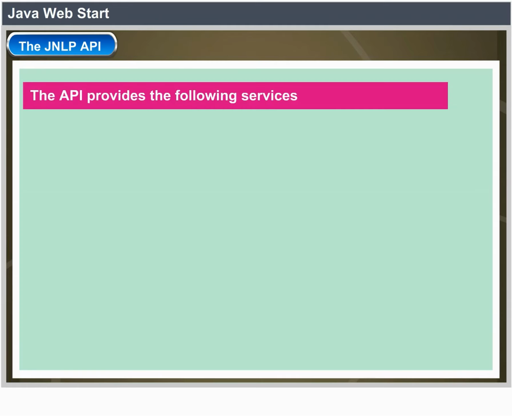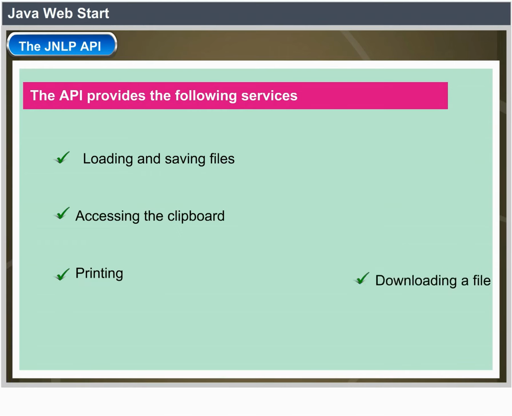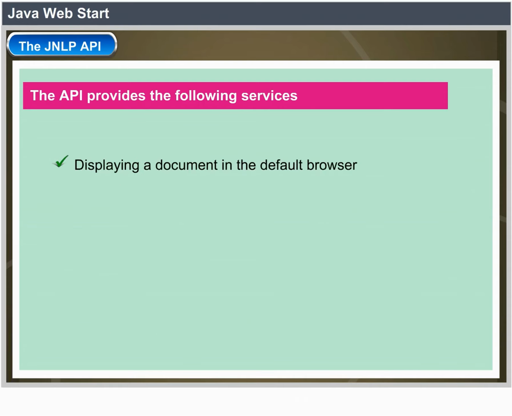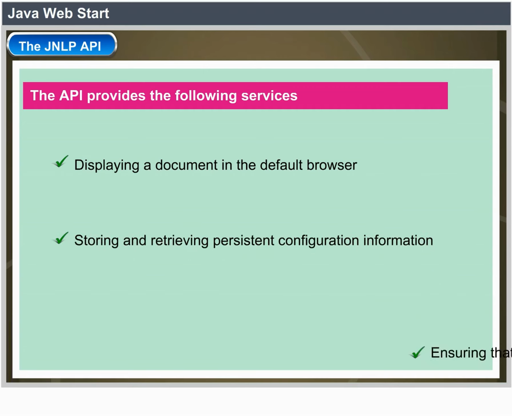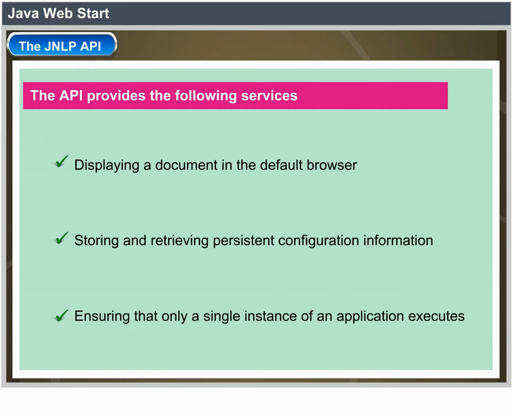The API provides the following services: loading and saving files, accessing the clipboard, printing, downloading a file, displaying a document in the default browser, storing and retrieving persistent configuration information, and ensuring that only a single instance of an application executes.